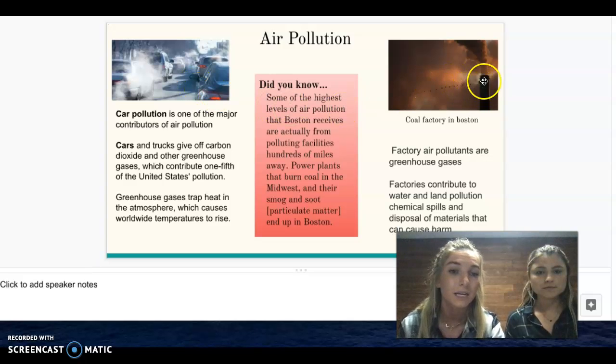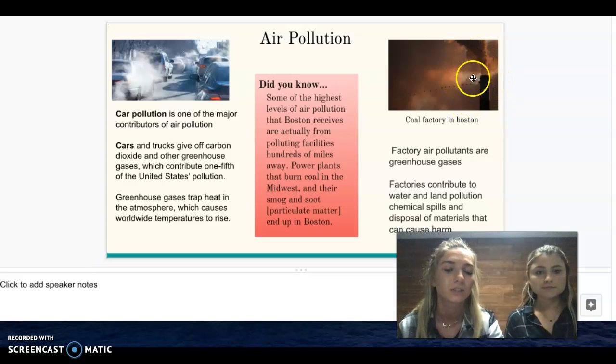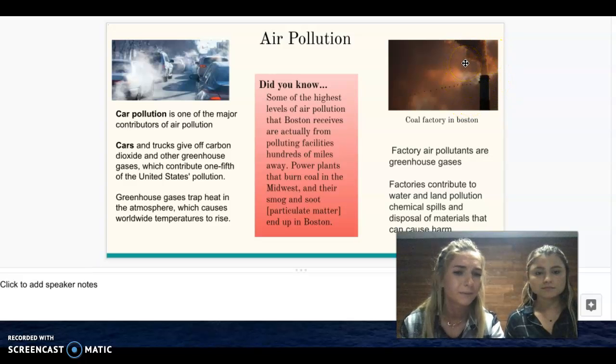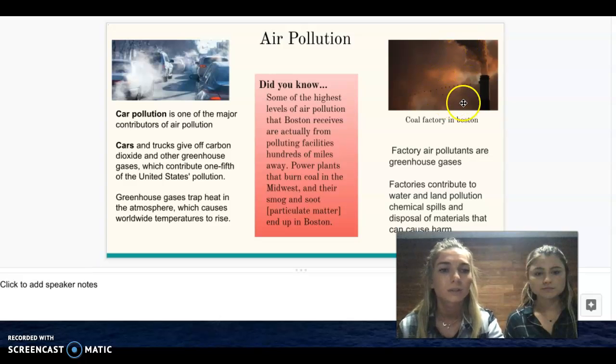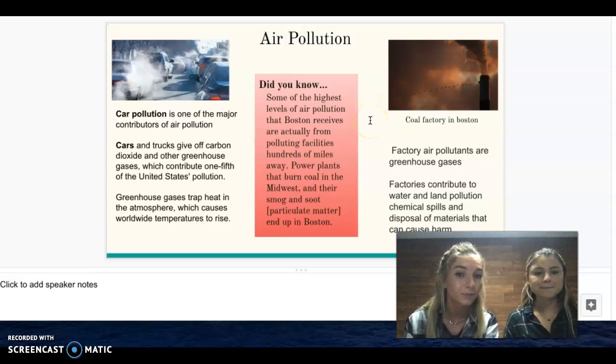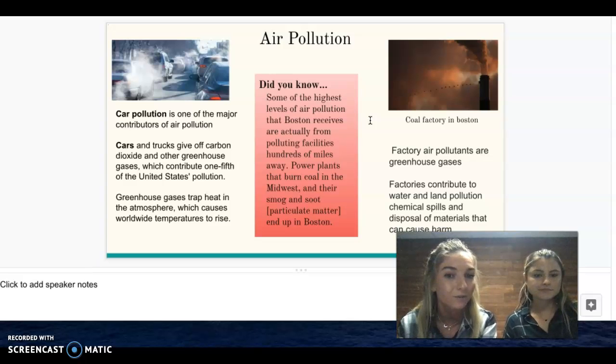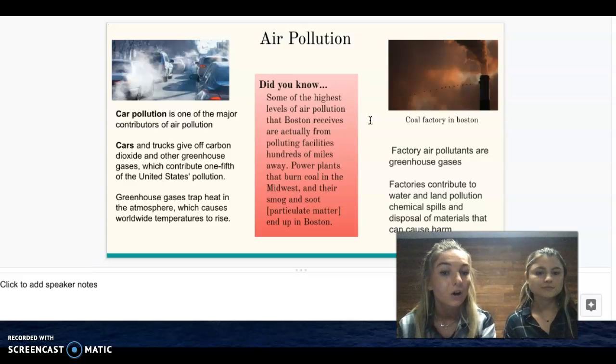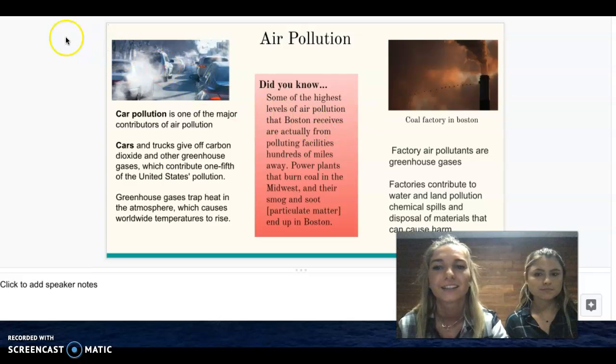If you look to the right, you see a coal factory in Boston, and right here where it just looks like smoke, or people might say vapor, it's really just more CO2 going into our air, which is not good to be breathing in. But did you know some of the highest levels of air pollution that Boston receives are actually from polluting factories hundreds of miles away?